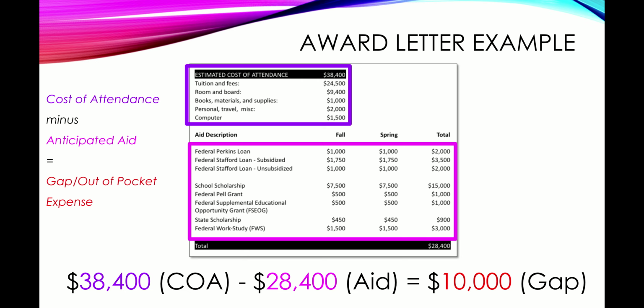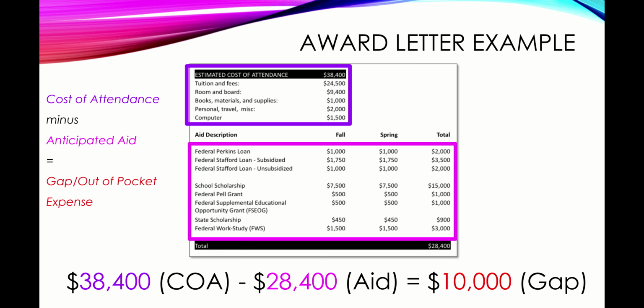How much aid is anticipated? And then what's the gap? Okay, especially if you're thinking about applying for additional private scholarships using programs like CPS Academic Works or College Greenlight, or FastWeb, you want to make sure you have a clear sense of how much additional money I need to find in order to afford my education.